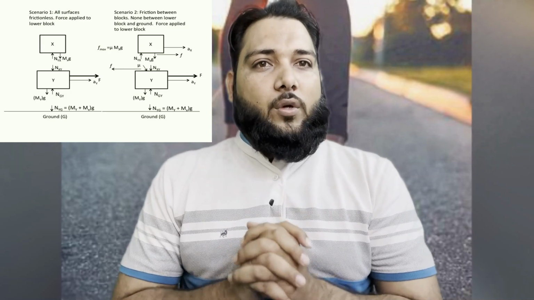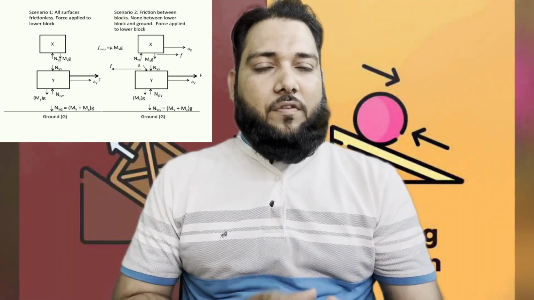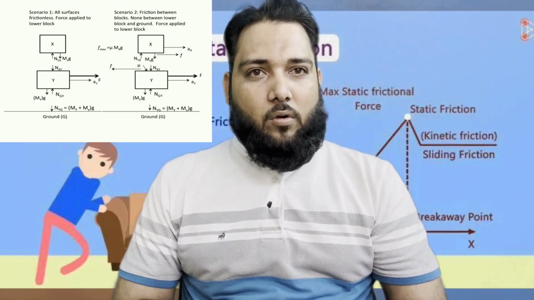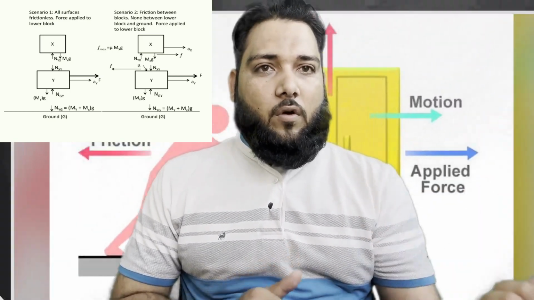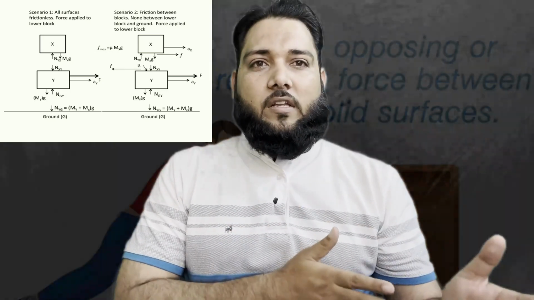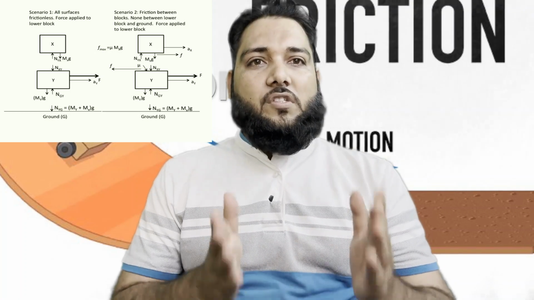Due to Newton's third law, friction acts as an equal and opposite pair. So on the upper block, the friction will be in the forward direction. So for the upper block, the friction is supportive in nature, and for the lower block, the friction is opposing in nature.